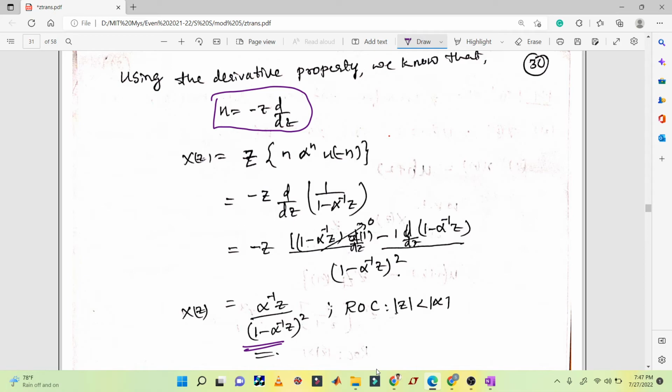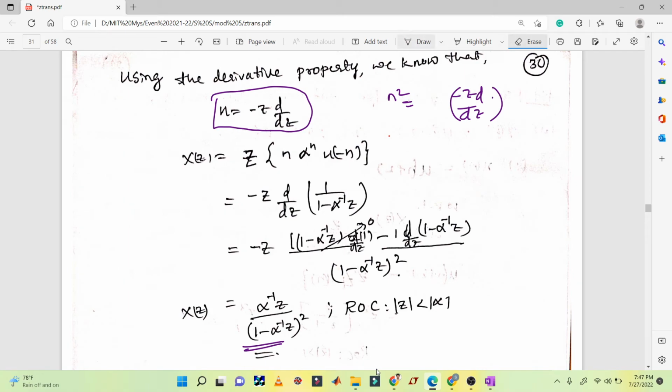If x of n is multiplied by n, it is minus z d by dz of x of z. Similarly, for n square, you apply minus z d by dz again on the resultant, that is, two times differentiation.